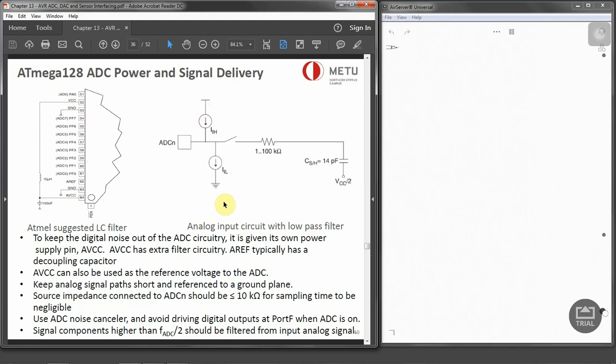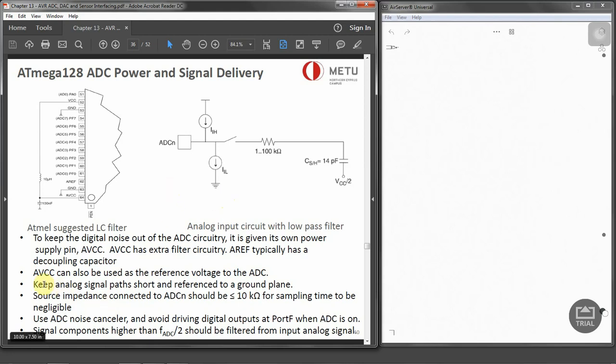And we can use over there an analog voltage source, so we can have an extra filter for the circuitry, and we can use decoupling capacitors to avoid any noise over there, and we can actually have a more stable voltage reference, so this will give us high precision in ADC.